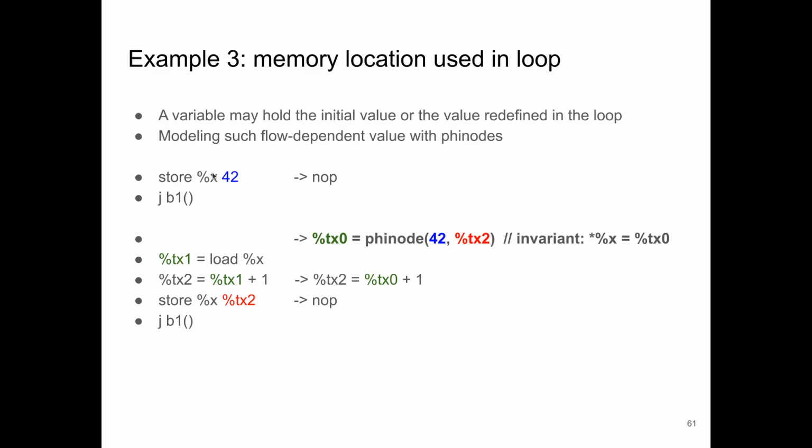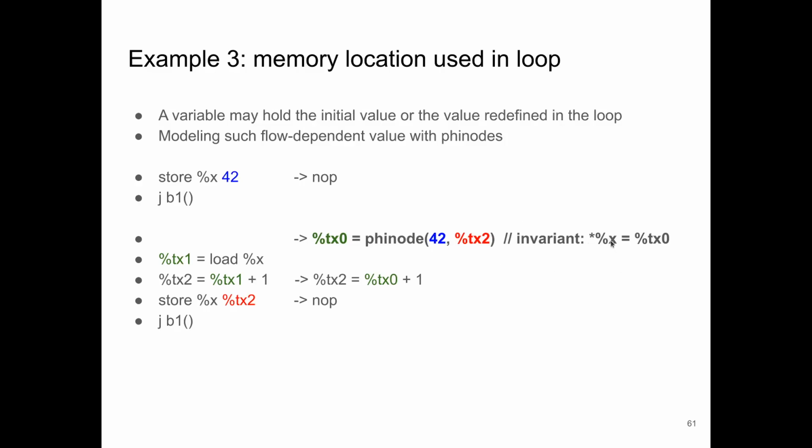And the store instructions become null because the stores are no longer relevant in the execution of this program. So it is almost the same as the previous example, except that a phi node is inserted, and the motivation behind this phi node insertion is maintaining the invariant here.